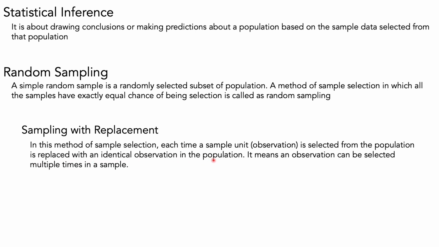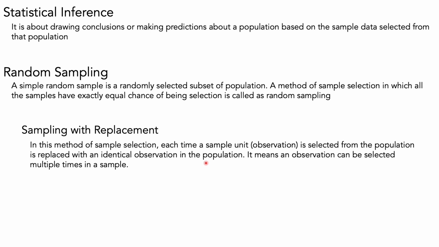For example, if we have a jar of different colored balls and we want to select a sample from that jar, say the jar has three colors: blue, yellow, and green. We select two blue balls and one yellow ball from the jar.